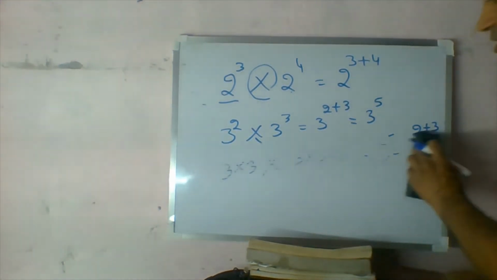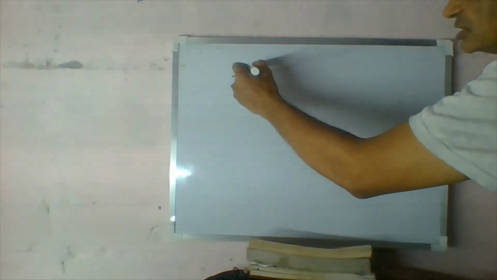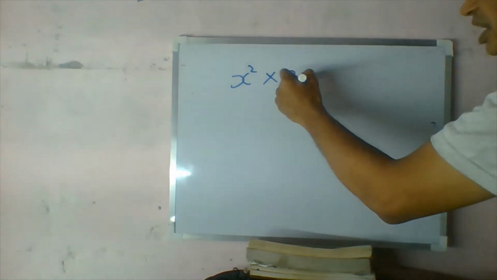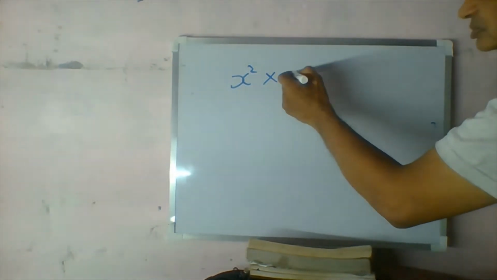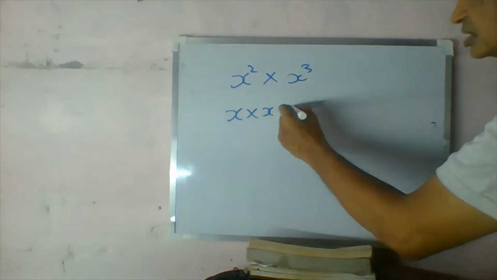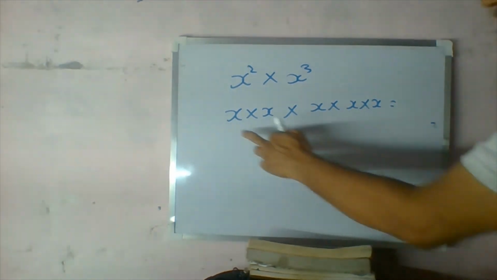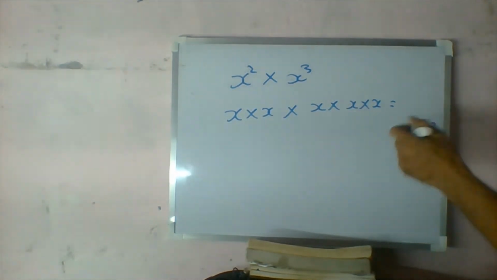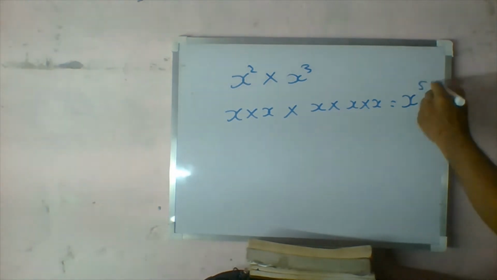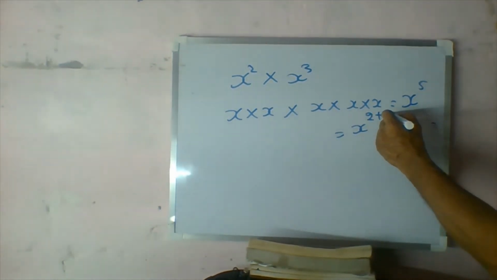So let us try to generalize it. If we have x square into x cube, it will be x into x into x into x into x. So by convention, 1, 2, 3, 4, 5. If 5 x's are to be multiplied, it should be x raised to power 5, which again we can write as x raised to power 2 plus 3.